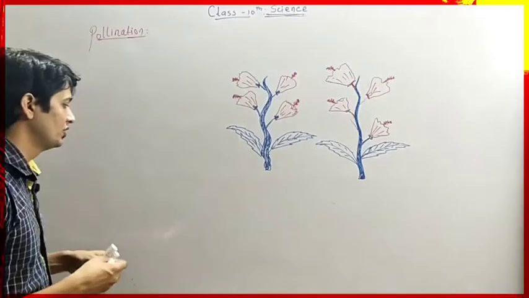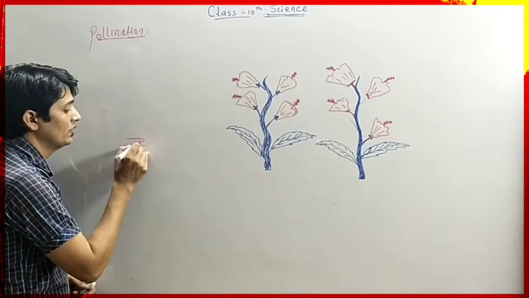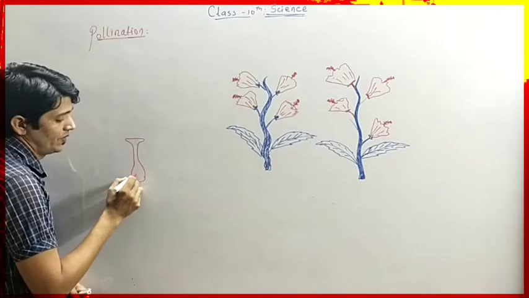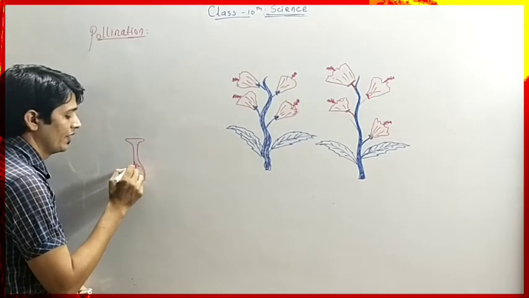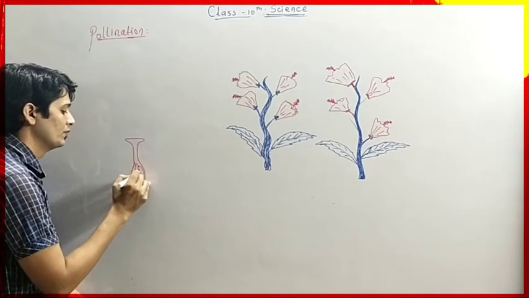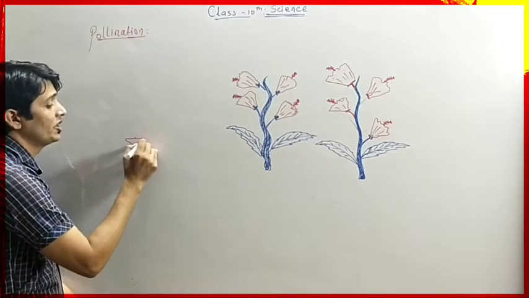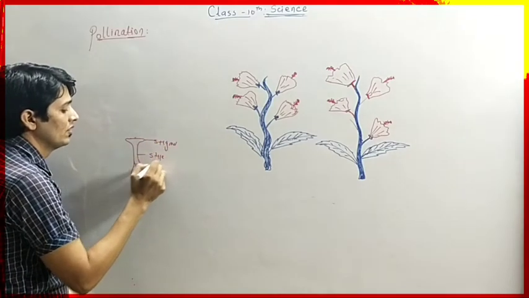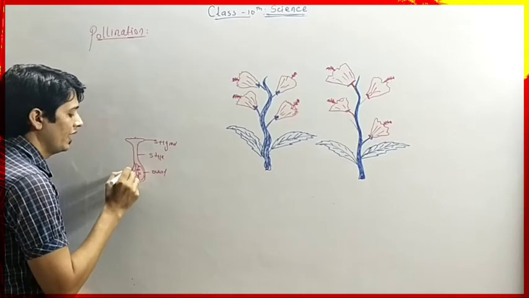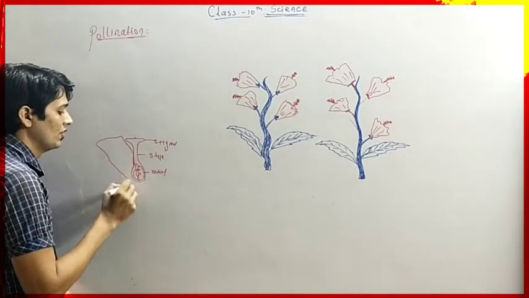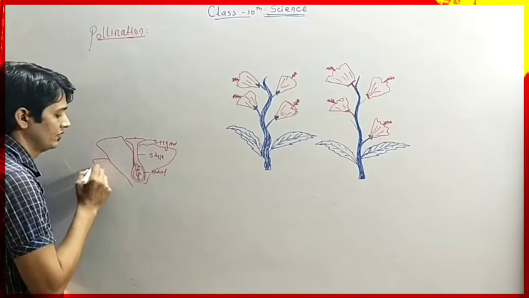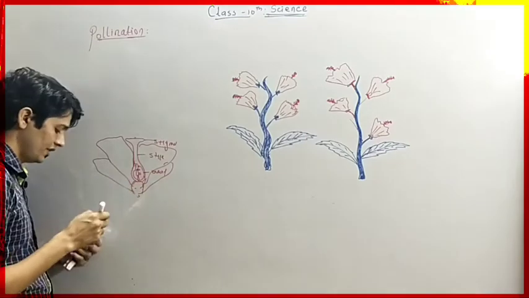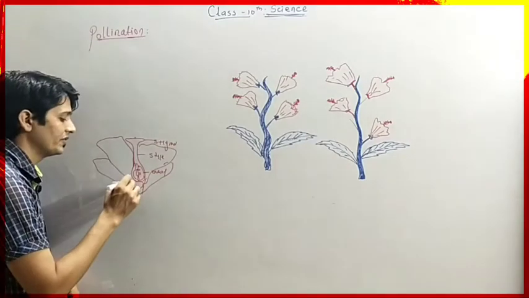Suppose this is the stigma of the flower, this is the style and ovary, and it is the ovule. This is the stigma, pistil and ovary, and here petals are present, and here the anthers are present.